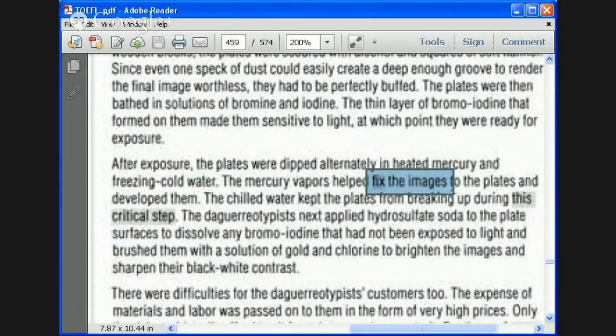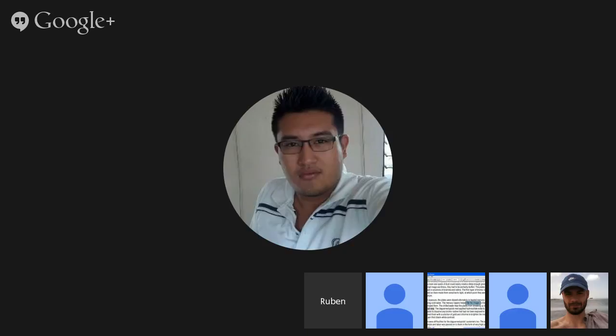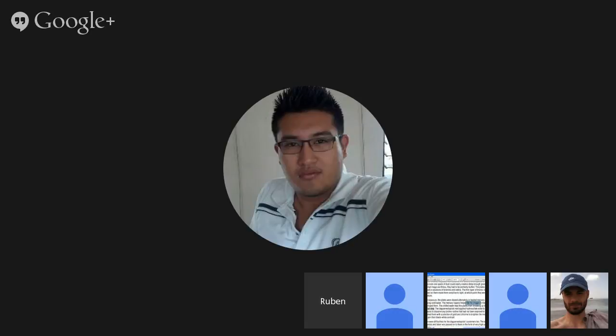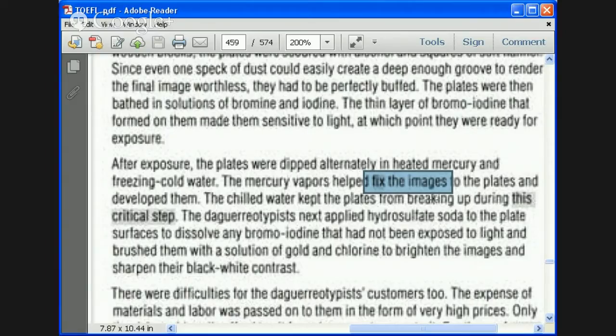To fix something can mean to repair, but it can equally mean to affix something, to position it in a non-movable position. Oh, yeah. Yeah, that which is what it means here. All right, the mercury vapors help fix the images. In other words, solidify their position. Okay, lock them in place.